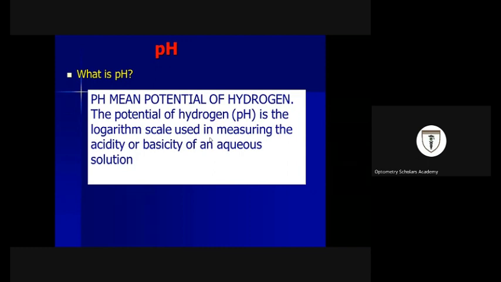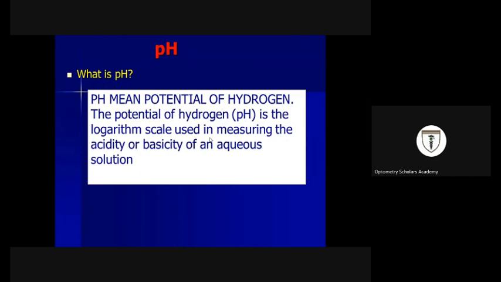It's the same way you define pH as the measure of the acidity and alkalinity of a substance. It's the same way we define pH in pharmacology. So the abbreviation pH means potential of hydrogen. It's a logarithm scale used in measuring the acidity and basicity of an aqueous solution.